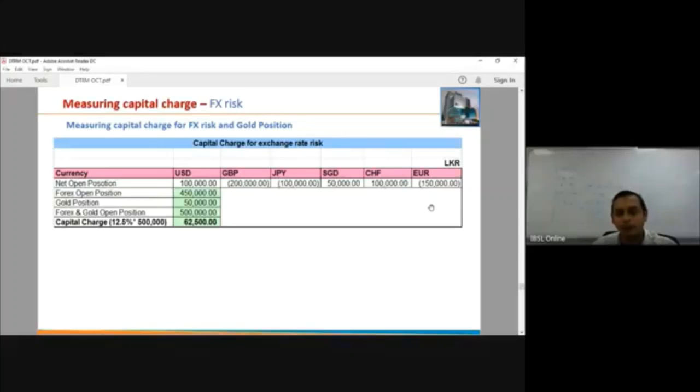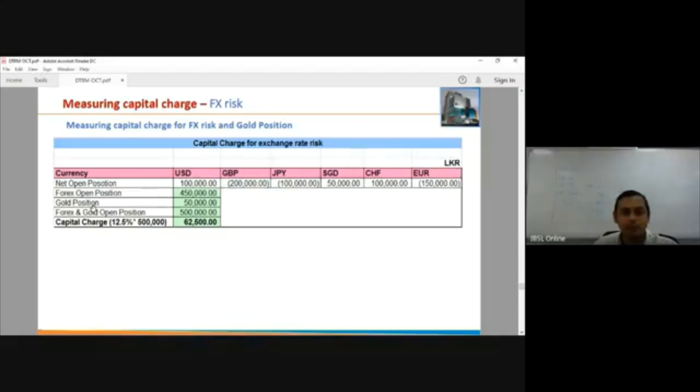Now you have a short position of 450,000, long position of 250,000, and take whichever is higher. So that is 450,000, and then you ignore the sign. So you don't put negative 450,000, but we put only 450,000, ignoring the sign.